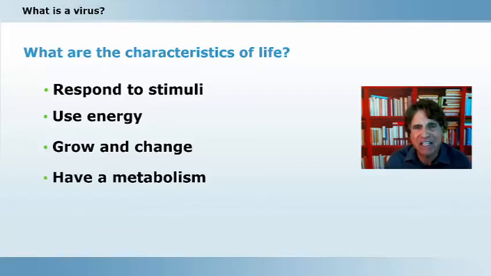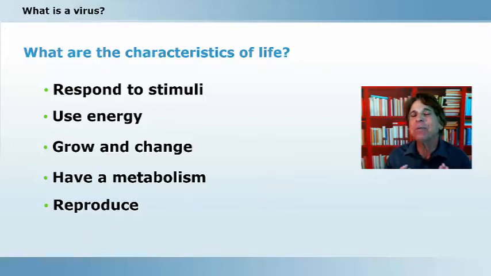Also, all living things have something called a metabolism. And a metabolism is the sum total of the chemical processes that help you maintain this living condition. Also, living things reproduce, which means they make copies of themselves.